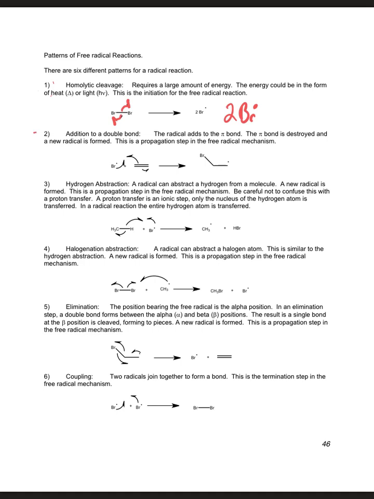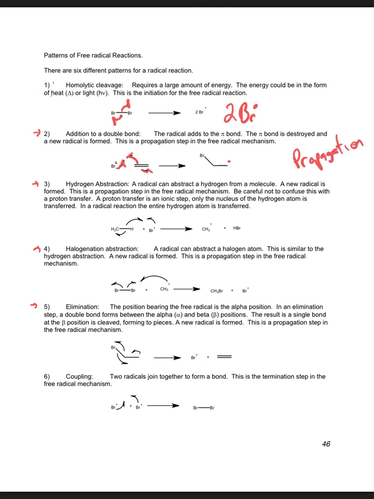The second thing is going to be the addition to a double bond, or the addition to a pi bond. So the radical is going to form a bond by attacking one end of a pi bond, sending the new radical to the other end. Steps 2, 3, 4, and 5 are what's known as propagation steps.